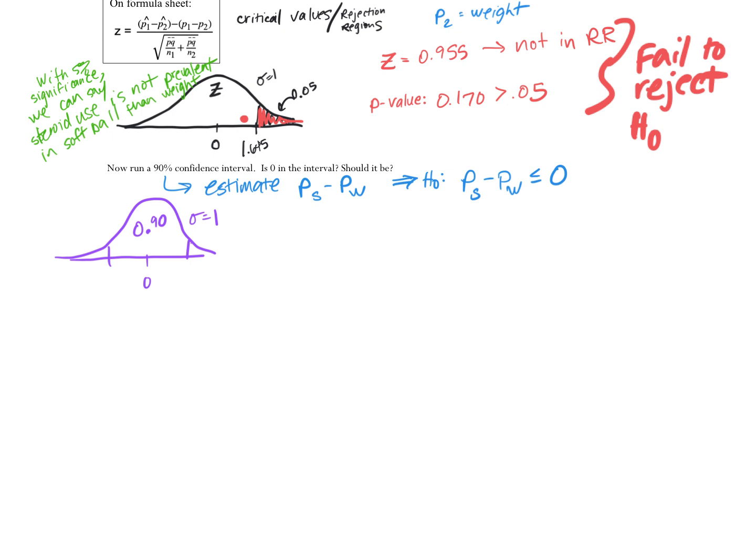What is the area in each tail here for my confidence? Remember, the confidence level is my middle 90, or my middle confidence level percent, right?